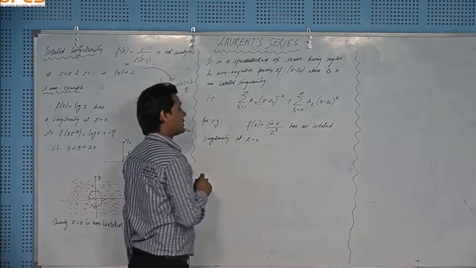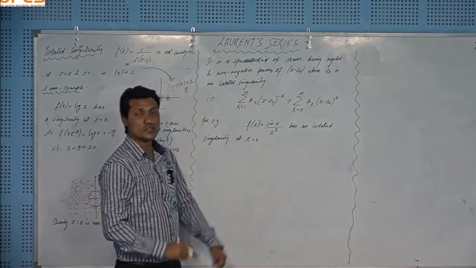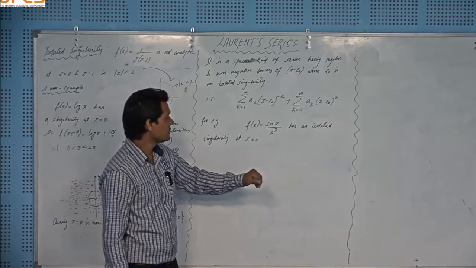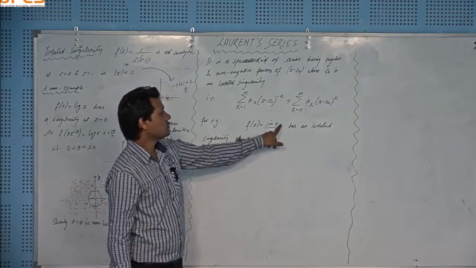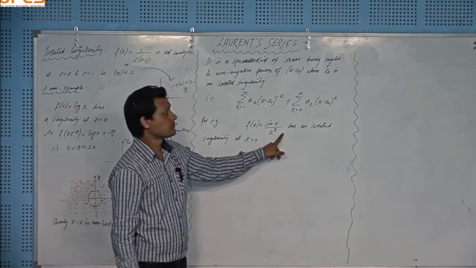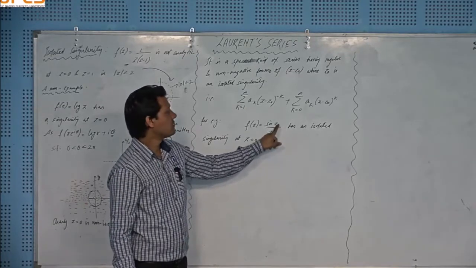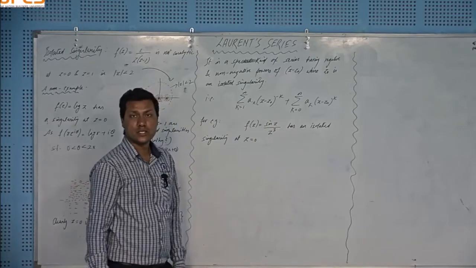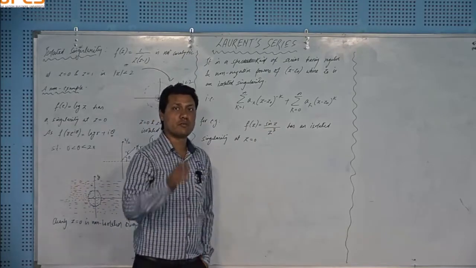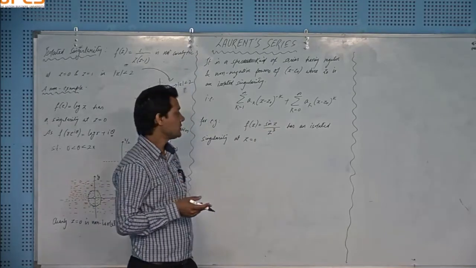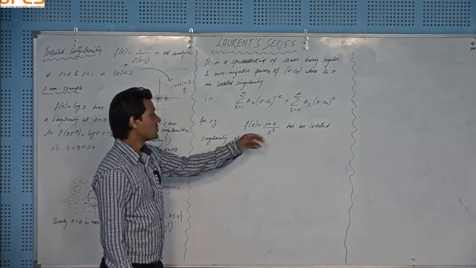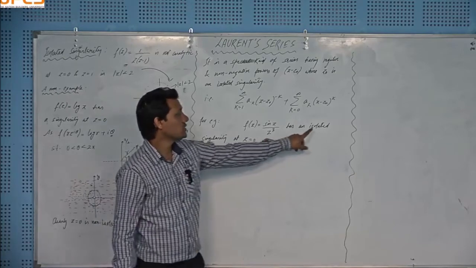And why are we calling z equal to 0 an isolated singularity of this one? You can see that z equal to 0 is a singularity. You should verify it. If you put z equal to 0, you will get 0 by 0 form at first. Then you will apply L'Hospital's rule. It will become cos z over 3z square. Then you put z equal to 0, and it will become 1 upon 0 form, right? It means that obviously z equal to 0 is a singularity of this function. And why are we calling it an isolated singularity?